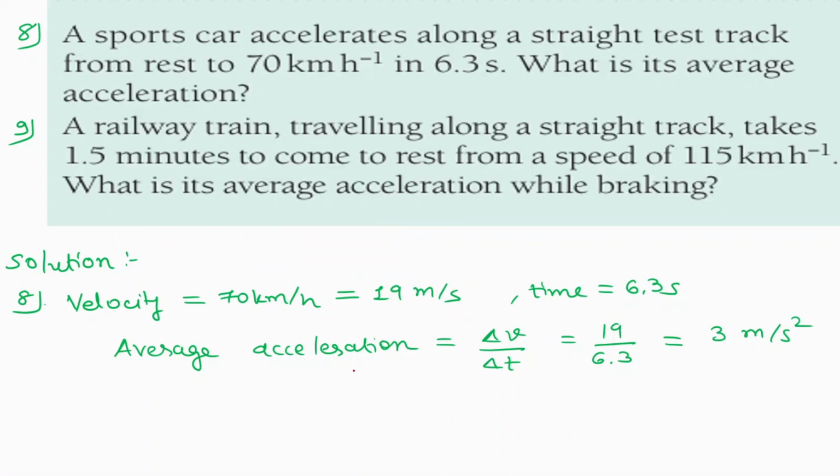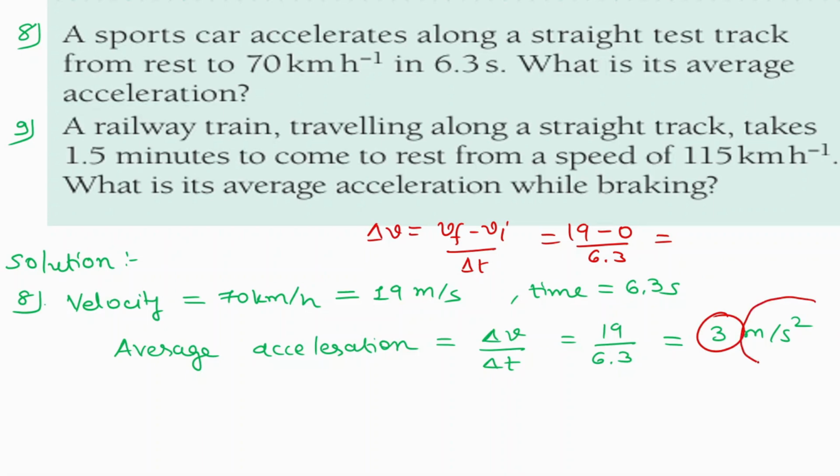Now the average acceleration means delta V, final velocity minus initial velocity, upon the time taken. So Vf is about 19 minus 0 upon 6.3, and we get the answer about 3 meter per second square.